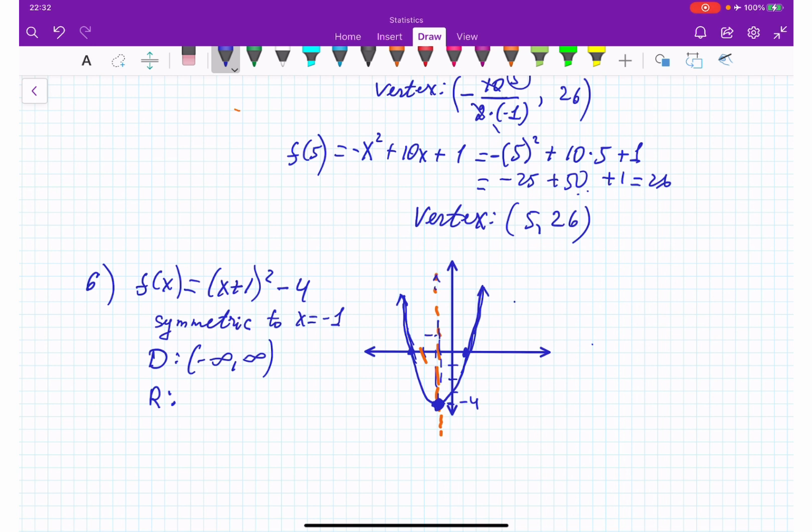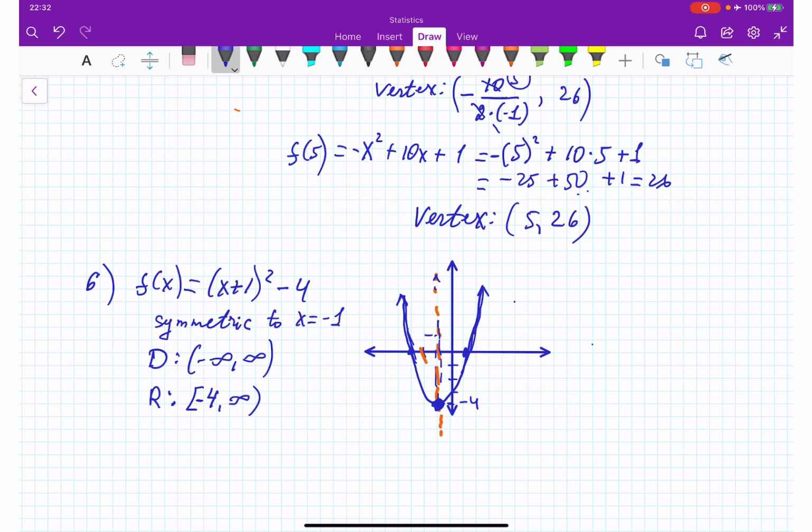Plus this negative 4 is included, right? Because it's sitting right on the graph, which means we put square brackets. And it's running up to infinity. Infinity will always get parentheses because infinity doesn't have an end.